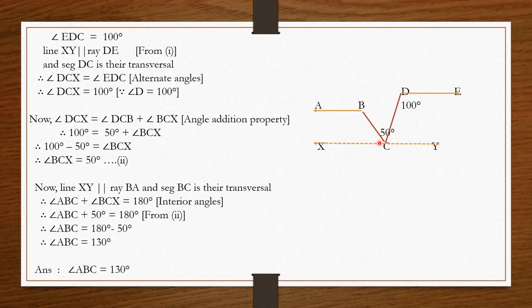That is, the interior angles on the same side of the transversal are supplementary. Therefore, angle ABC plus 50 degrees equals 180 degrees. From the equation 2, therefore angle ABC equals 180 minus 50 degrees, which is 130 degrees. Therefore, at last you have to write angle ABC equals 130 degrees.